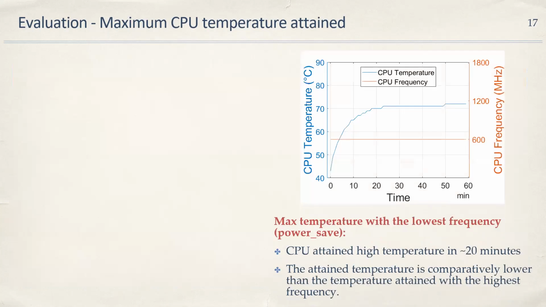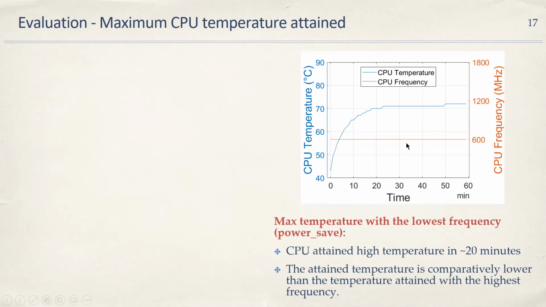The first one is to see the CPU thermal behavior and also the CPU frequency behavior without applying any control. The right y-axis shows the CPU frequency, which is basically two values, lowest and highest, the left y-axis shows CPU temperature in Celsius, and the x-axis shows time in minutes.